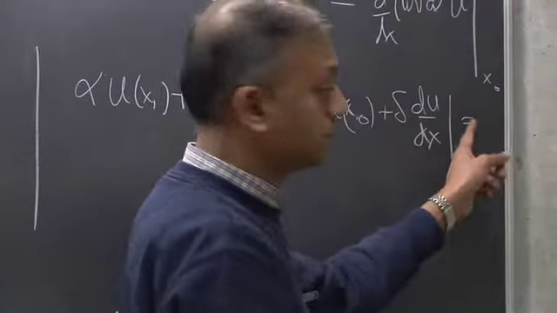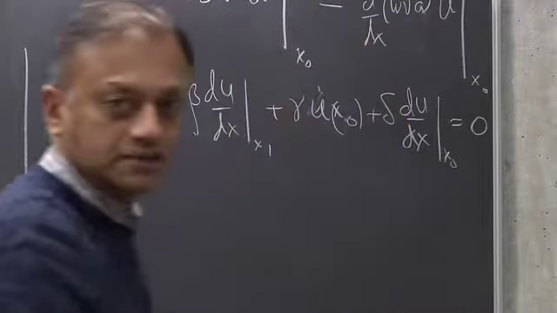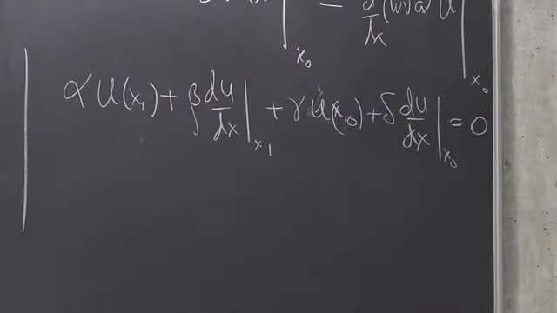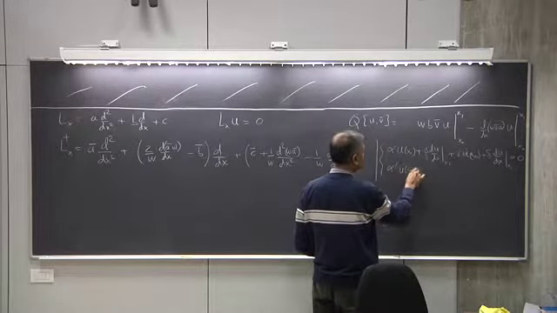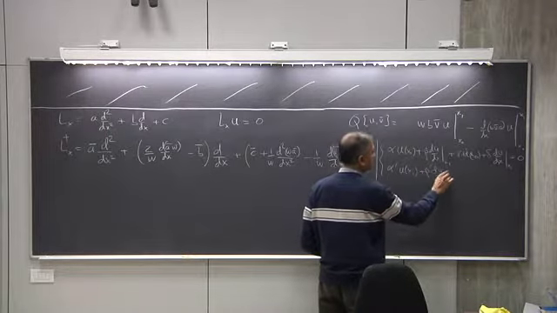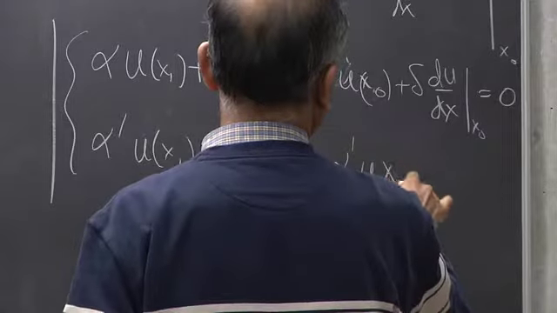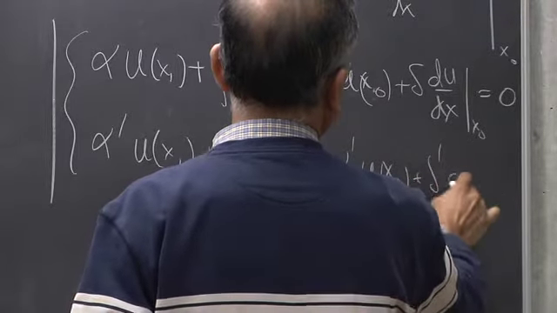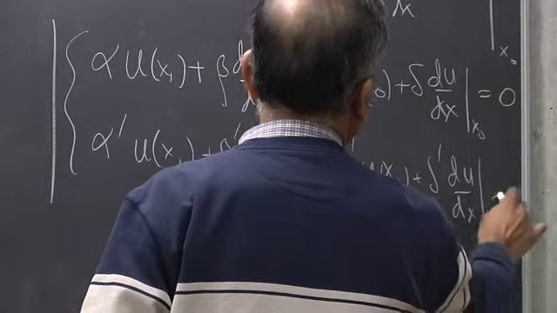In principle, you could put some inhomogeneous term here, right? But we will always put homogeneous, so the right hand side will be 0. Okay, and the other boundary condition is some alpha prime u(x1), and so on. We'll choose it to be homogeneous.